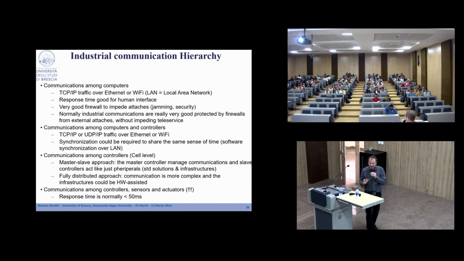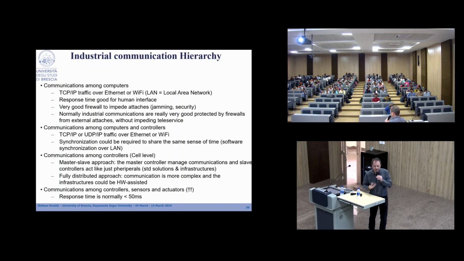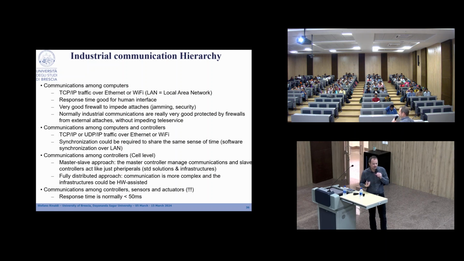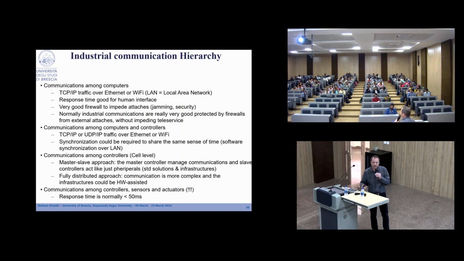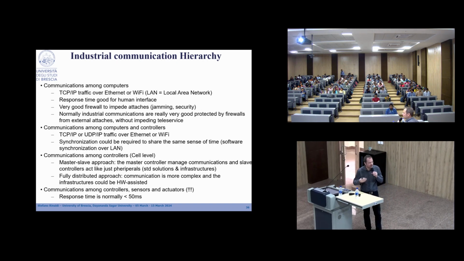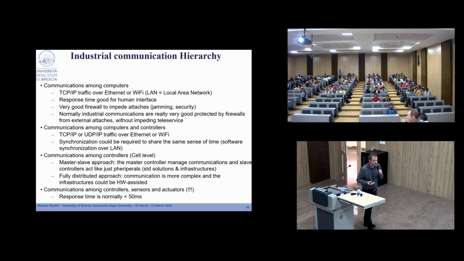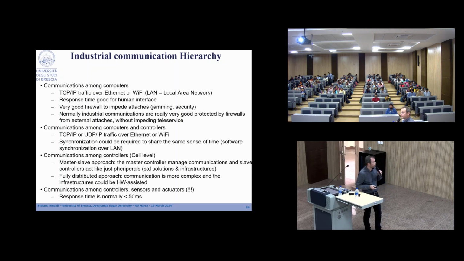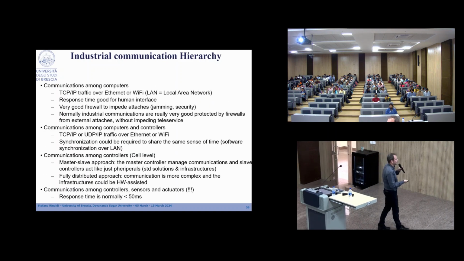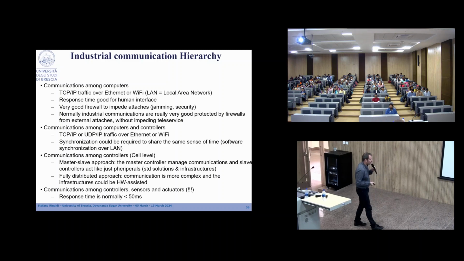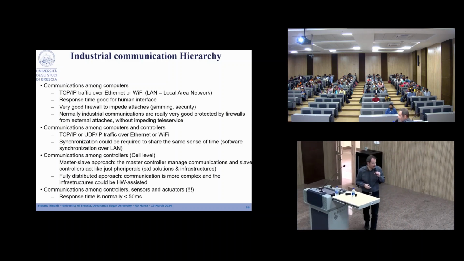So any delay in the communication system between sensor and controller affects the behavior and the performance of the control system loop, and in some cases makes the control law impossible to realize. So the typical response time of this kind of network is below 50 milliseconds.